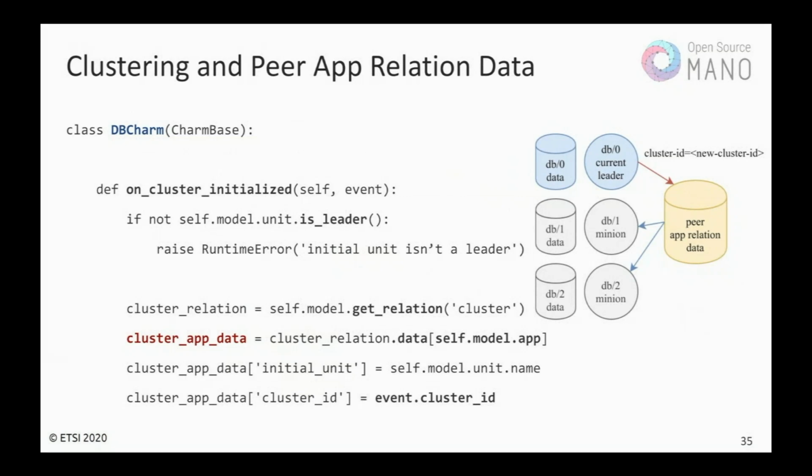So just to give an example of how what I've described so far can be used for a stateful workload, if you have a database that you need to run in a highly available mode, you need to bootstrap it somehow. What you start with is initializing a cluster and generating a new cluster ID.